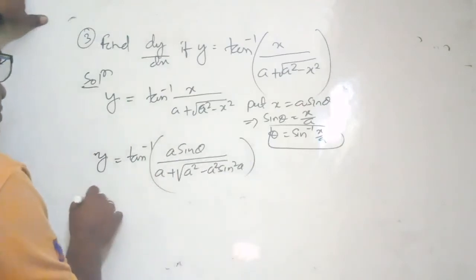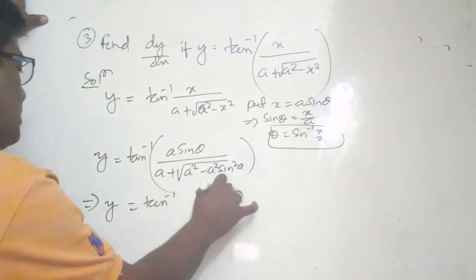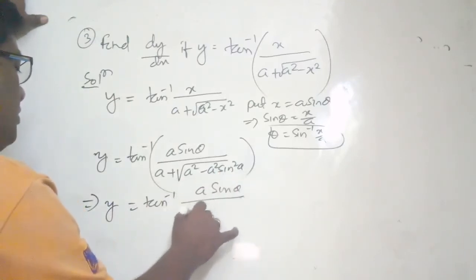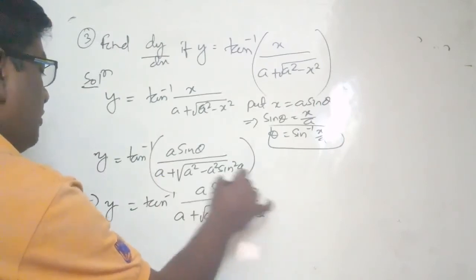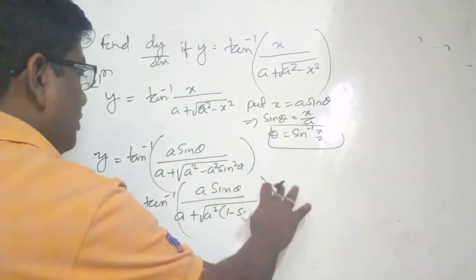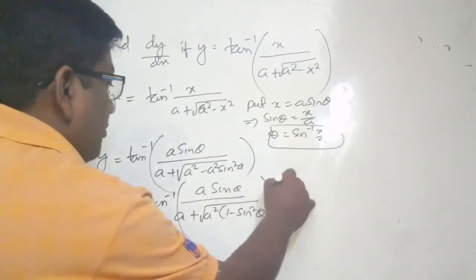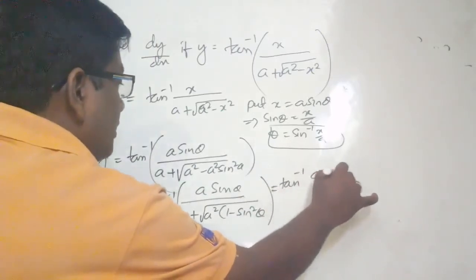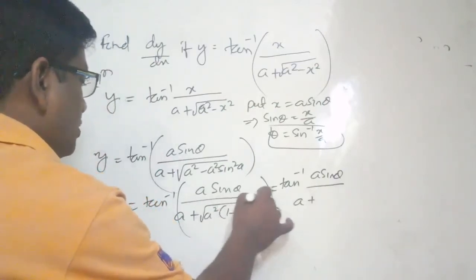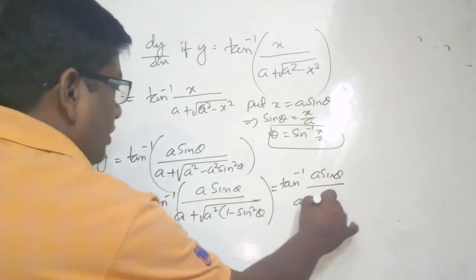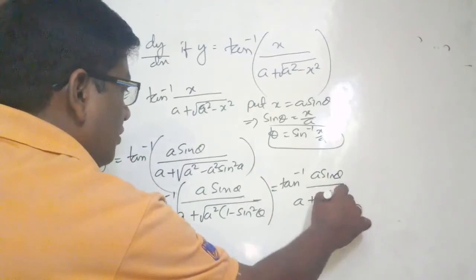That implies y is equal to tan inverse of a sin theta divided by a plus root over a square into 1 minus sin square theta, which is equal to tan inverse of a sin theta divided by a, coming out of the root a square gives a, into root over 1 minus sin square theta, which means cos theta.